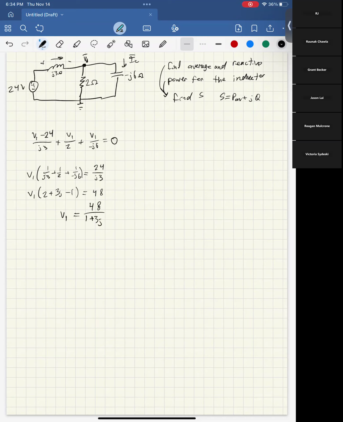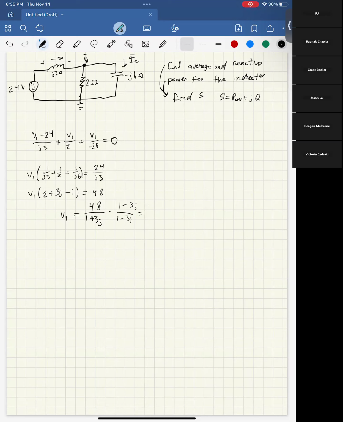If you evaluate this, you can either put it into phasor form and then do the division, or multiply by the conjugate. I'll multiply by the conjugate here. Do it in any way you want. You're just looking for V1 in some form you can use easily later.